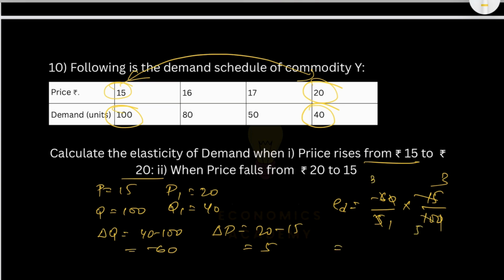All right, so we'll get minus 9 by 5, that will be 1.8, right?